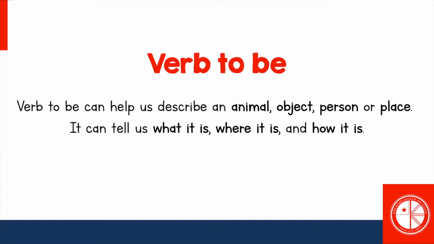She is at the park. We are at school. They are at the hospital. And it tells us how it is. For example, she is tall. He is short. We are students, and so on.